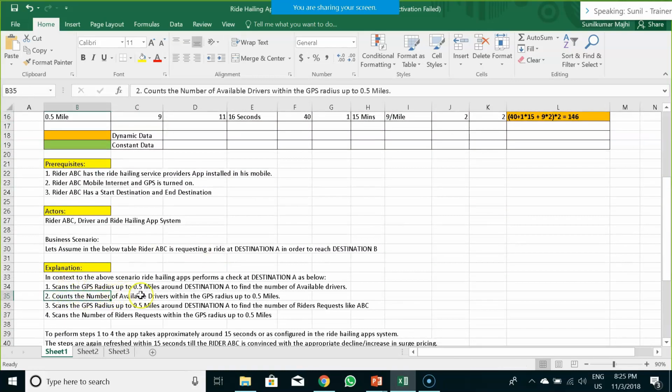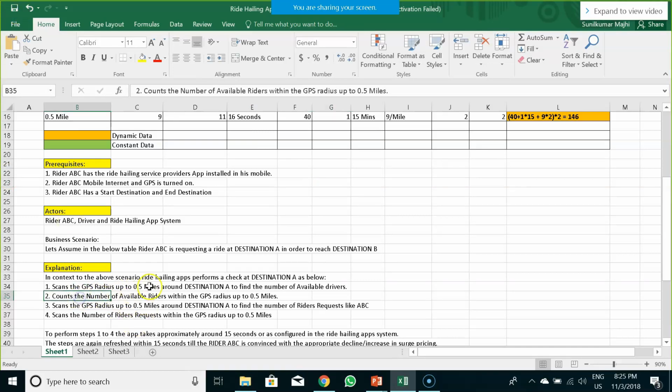Step 2 is it counts the number of available drivers within the GPS radius up to 0.5 miles. So essentially it's not the number of drivers, it's actually the number of riders.